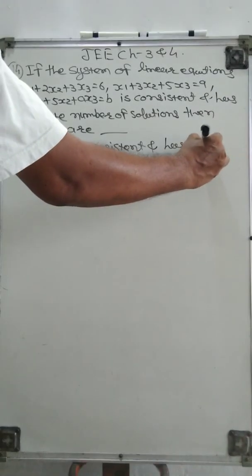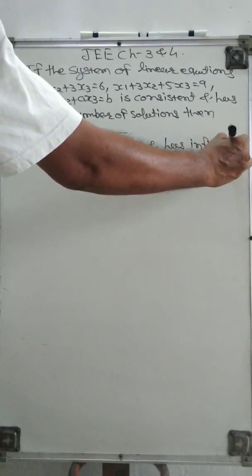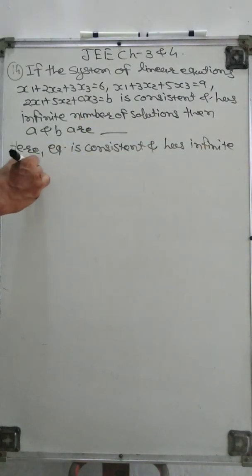Now here it is given that the equation has an infinite number of solutions and it is consistent. If the equation is consistent, then D equal to 0.